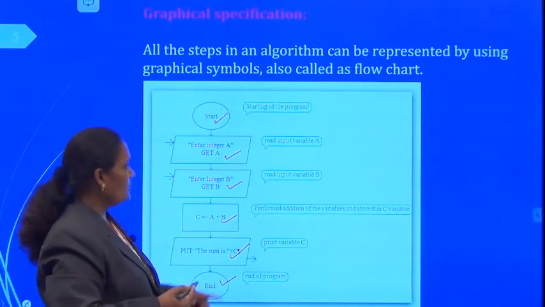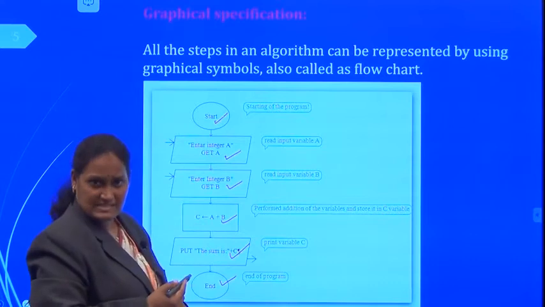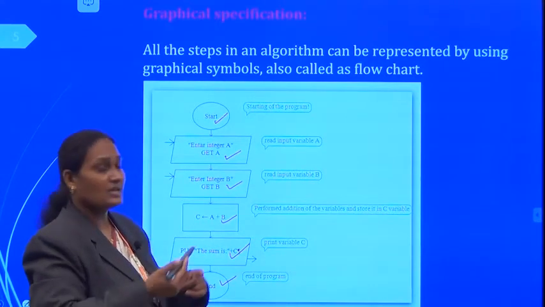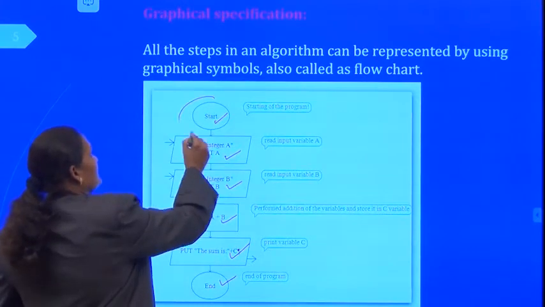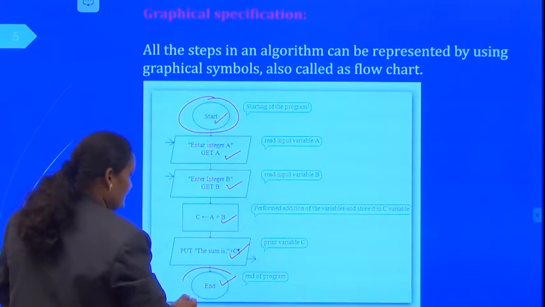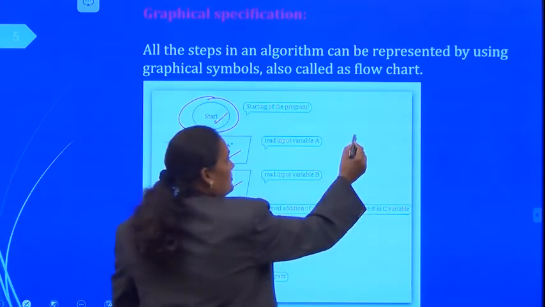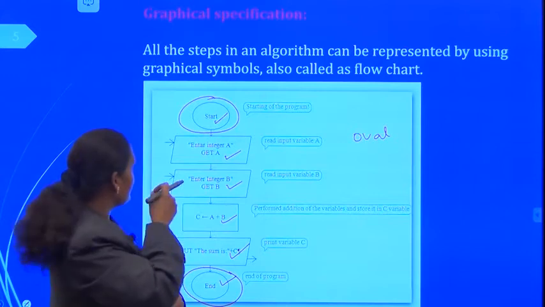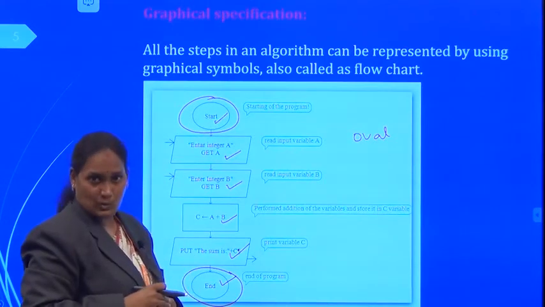Let us observe, for the representation of each step I used a specific graphical symbol. You can observe here the start and end of the algorithm is represented by using an oval.